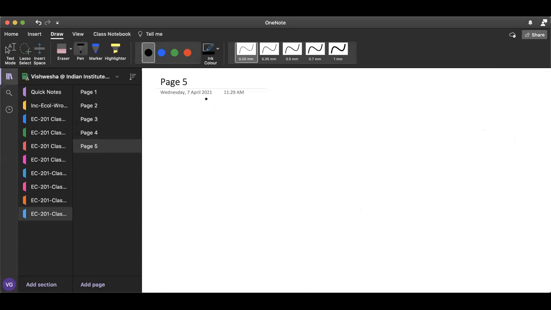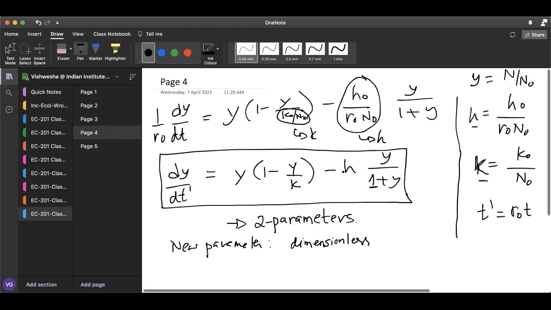Let's plot. There are two functions: the logistic function, and that is subtracted by a harvesting function. Exactly like the last time, we can plot both of them on the same graph. This is the logistic function, and this is K. Now how does the harvesting function look? The harvesting function is H times y.